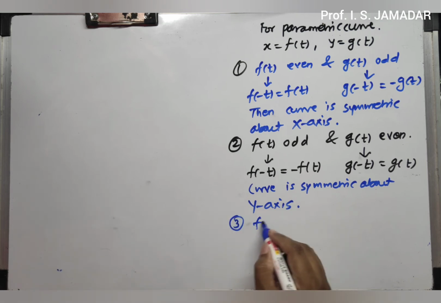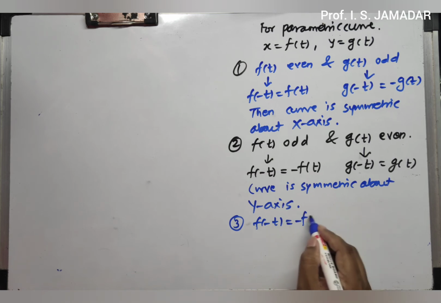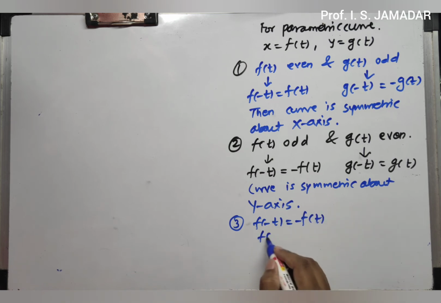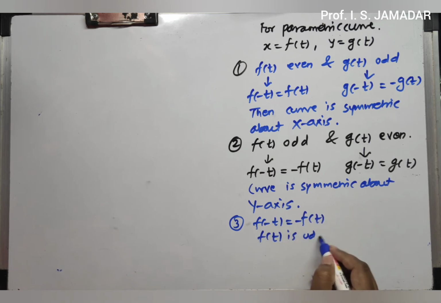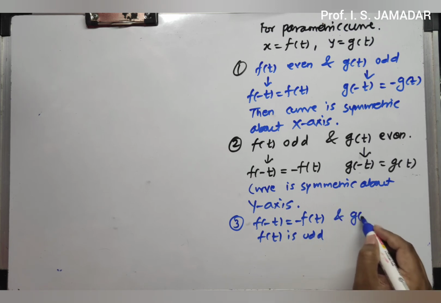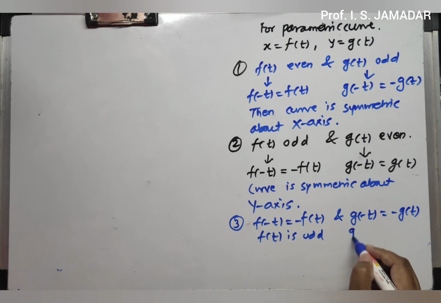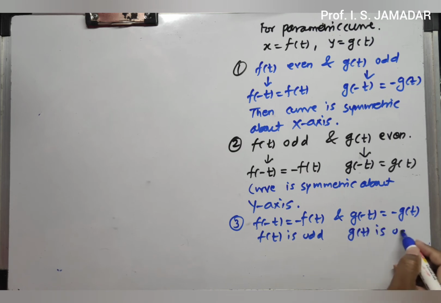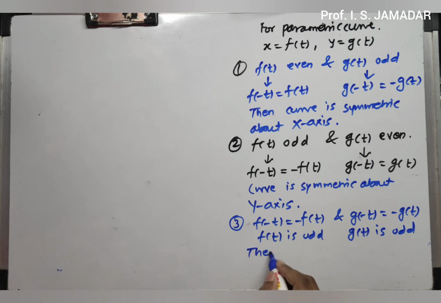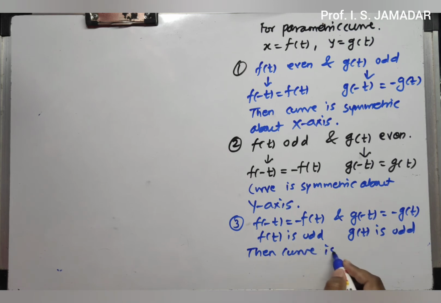So third, we have f of minus t equal to minus f of t, that means f of t is odd, and g of minus t equal to minus g of t, that is g of t is also odd. Both f and g are odd, then the curve is symmetric in opposite quadrants.